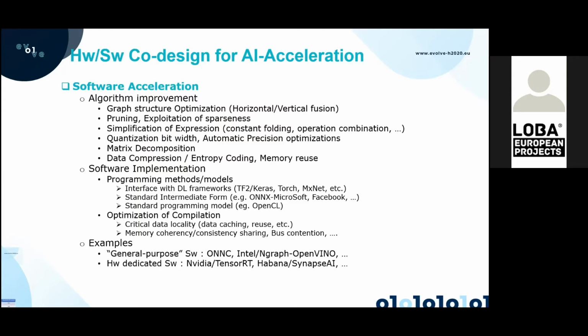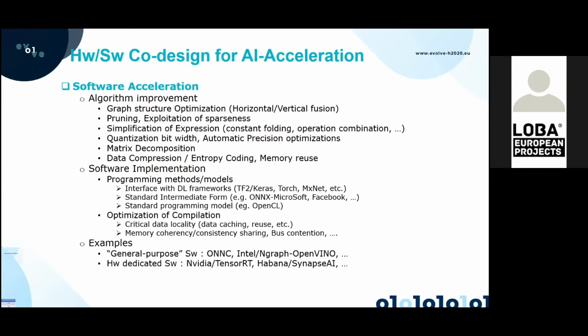And also, if those existing frameworks do not already support it, to be able to support some standard programming models like OpenCL, for example, particularly for acceleration technologies like FPGA, which are not yet very well supported by standard frameworks.